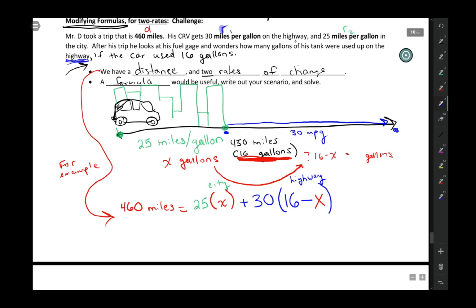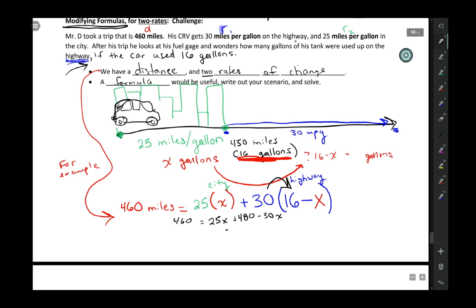25x is just 25x. Now, you need to distribute 30 times 16, which is 480, minus 30 times x, equals 460. All right, combine like terms.